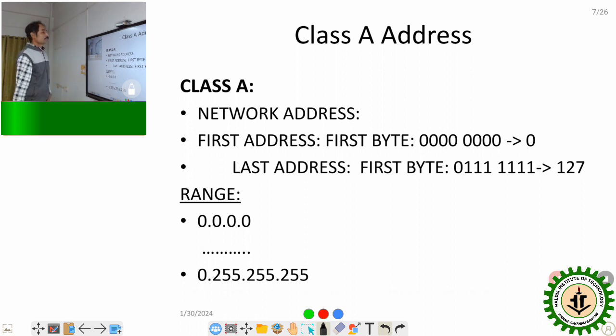Here more detail is given. For the first block, the address should start with 0 because the first byte should always be 0. For the rest of the 3 bytes, the beginning range is 0.0.0 and the final range is 255.255.255. This is for the first block, the 0th block.